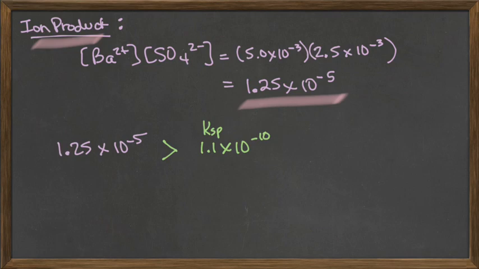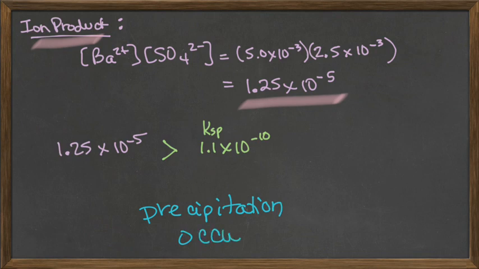So since the ion product is greater than the solubility product constant, precipitation will occur. Again, lots of steps to get to where we were trying to go with that. I hope you got them all down.